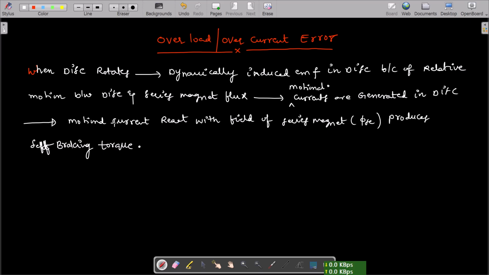And why is it happening like this? Because of Lenz's law. Lenz's law states that the effect opposes the cause. Here, what is the cause?